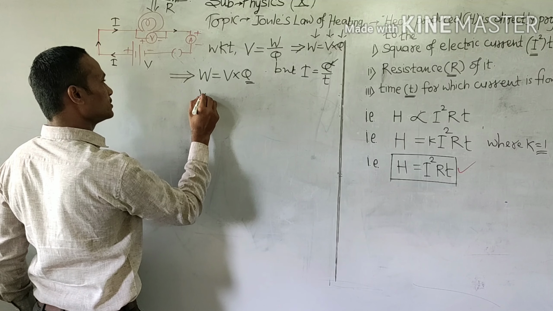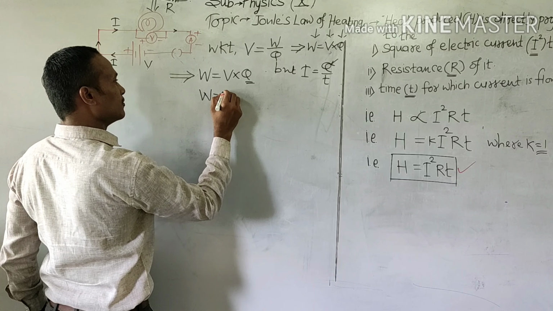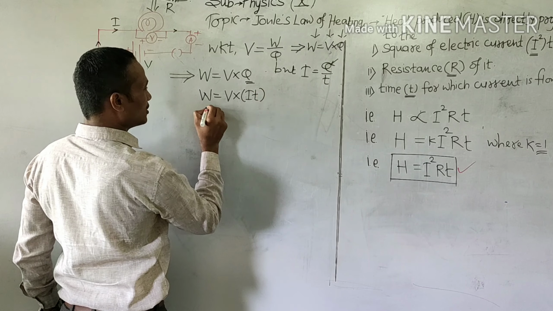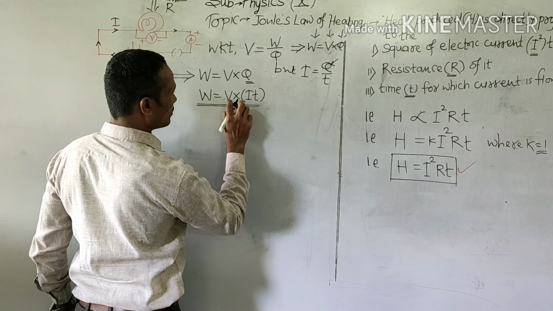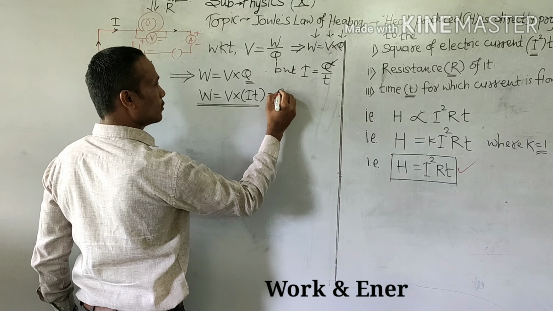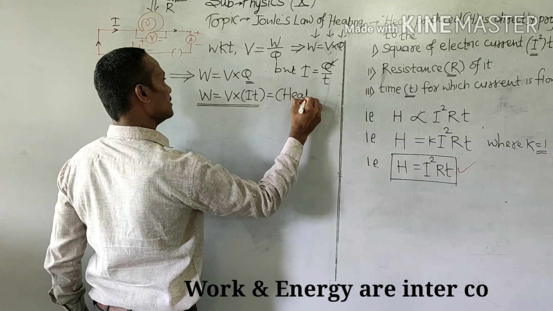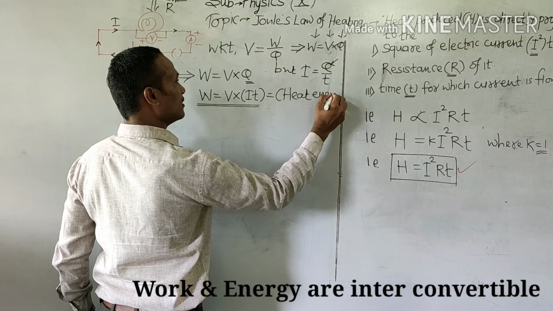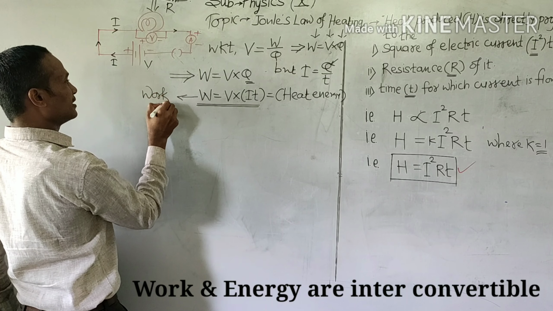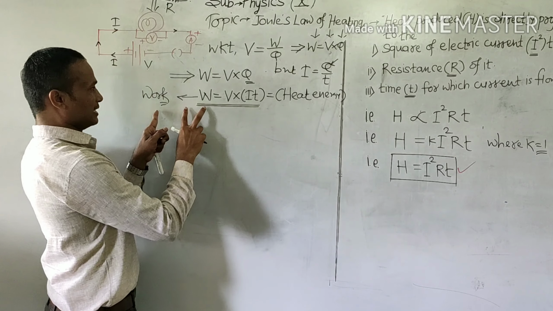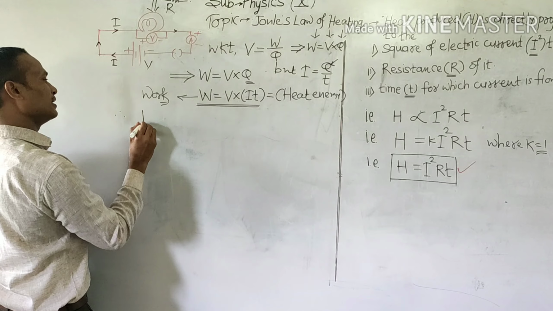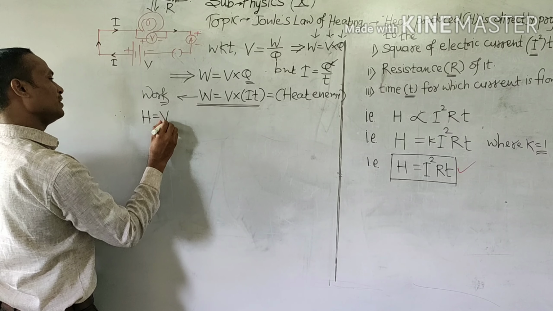So W is equal to VIT. Now this electrical work done is stored as heat energy. In 9th standard, we also studied that work and energy are interconvertible. So we can write H is equal to VIT.